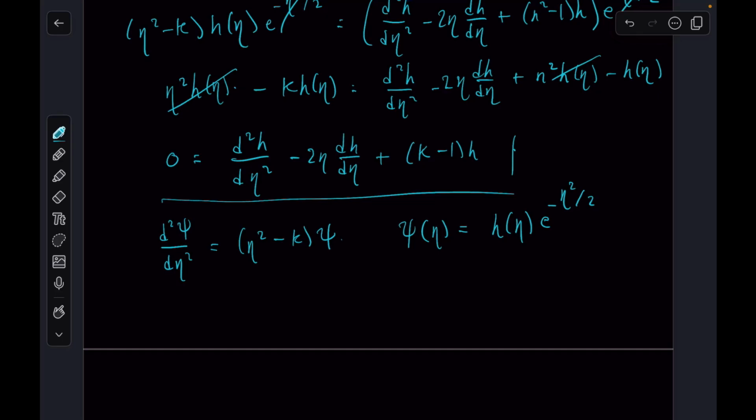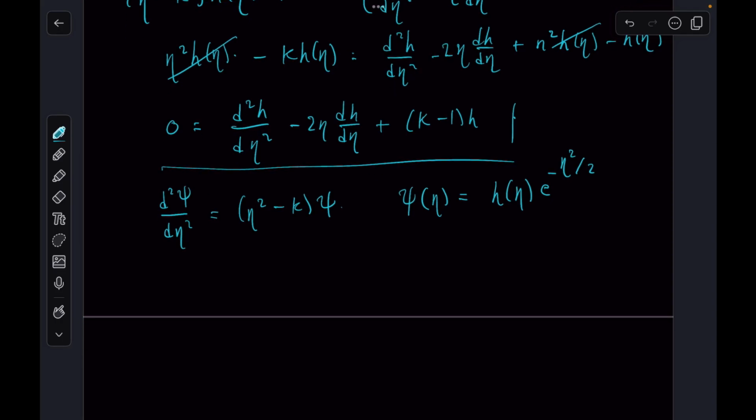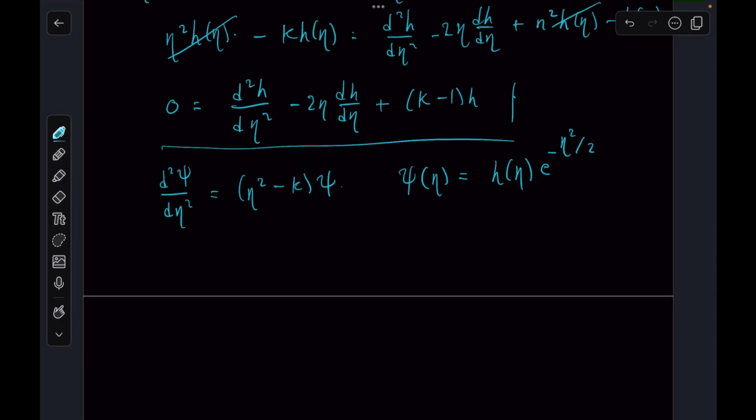And the way we're going to go about solving this differential equation is we're going to expand h as a power series in eta, with the intention of obtaining a recursion relation on the coefficients, and then determining what those coefficients have to be.